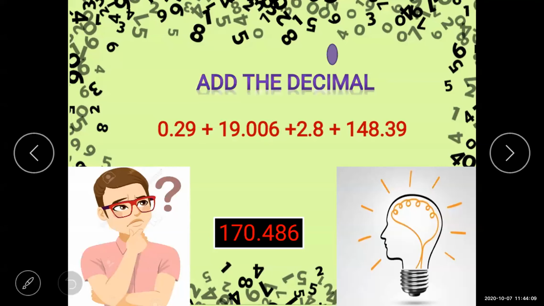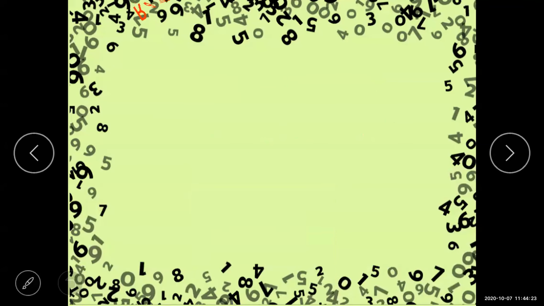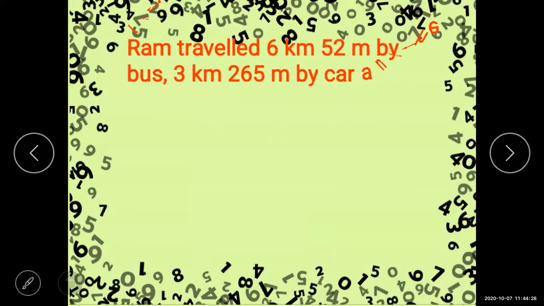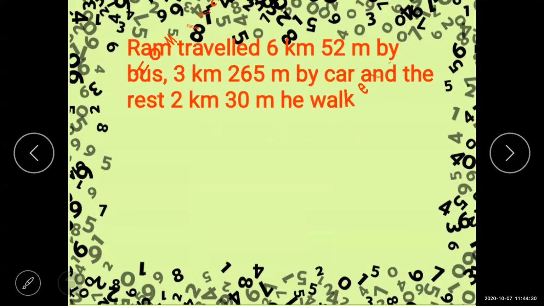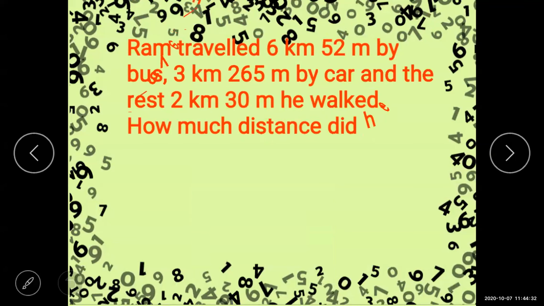Okay, let's see the next question. One more question is there for you. Are you ready? It is on the screen now. Ram traveled 6 kilometer 52 meter by bus, 3 kilometer 265 meter by car, and the rest 2 kilometer 30 meter he walked.